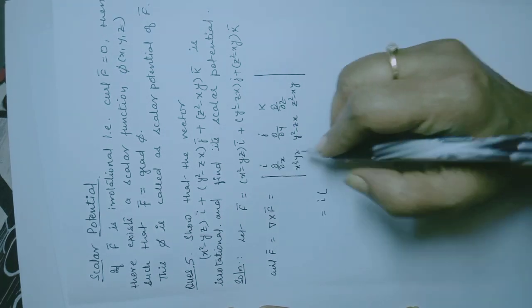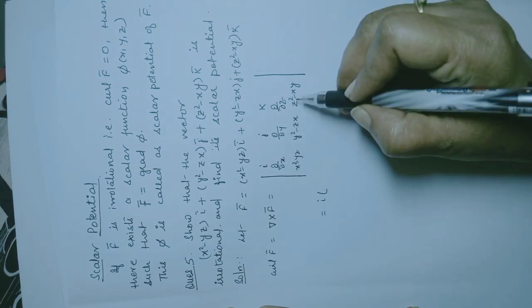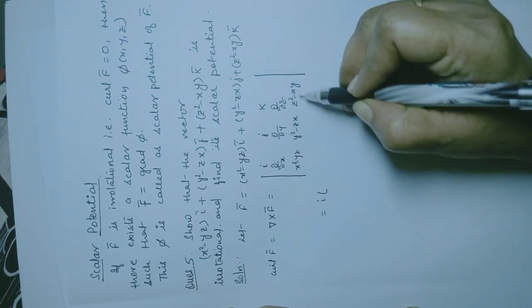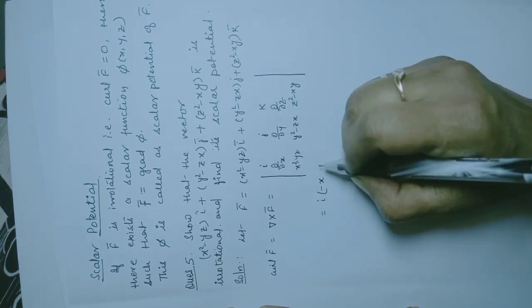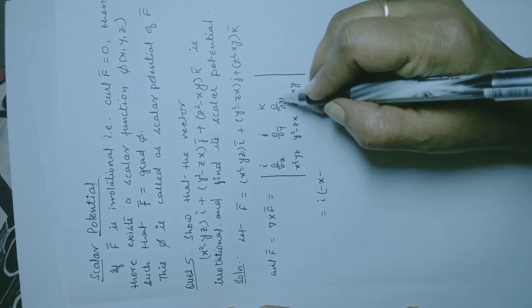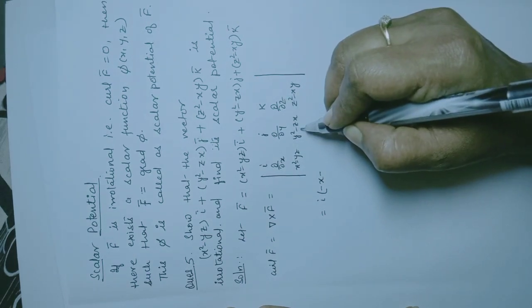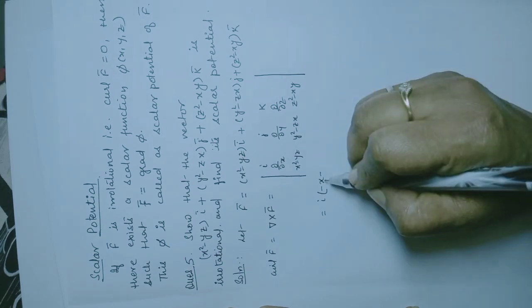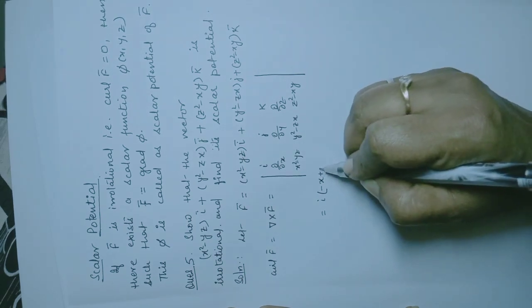So let's find the values. For component i, what you have here, del by del y of this term will give you minus x, minus del by del z of this term gives you minus of x.